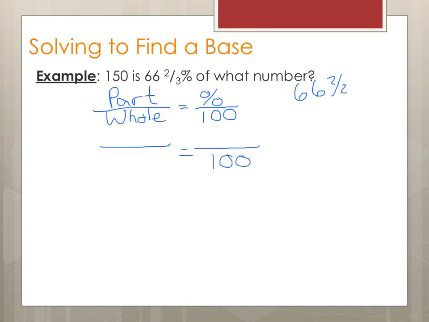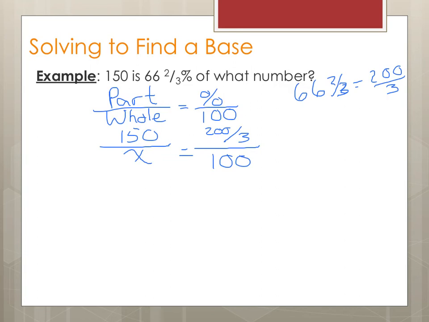We're going to write 66 2/3 as an improper fraction, so 66 times 3 plus 2, you might remember this from an earlier video, is going to be 200 over 3. So I'm going to plug that in as my percent, 200 over 3. Okay. The of number, the whole, is our unknown. Of what number? Of x. So that's going to be our whole. That's what we're solving for. And the part will be 150.